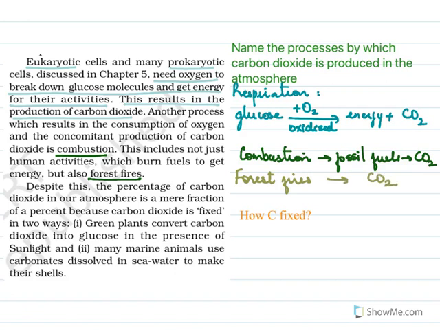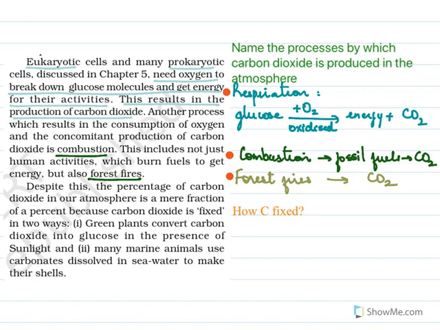So here we have learned three ways in which carbon dioxide is produced. Respiration, where glucose is oxidized to give energy and carbon dioxide. Combustion of fossil fuel gives us carbon dioxide, and burning of forests or forest fires also produces carbon dioxide.